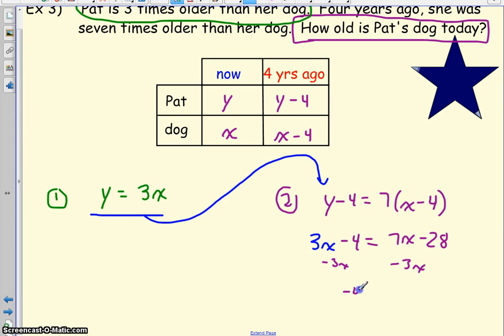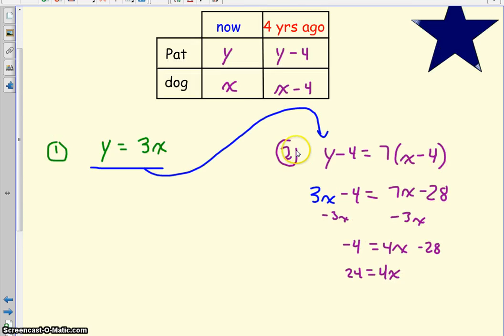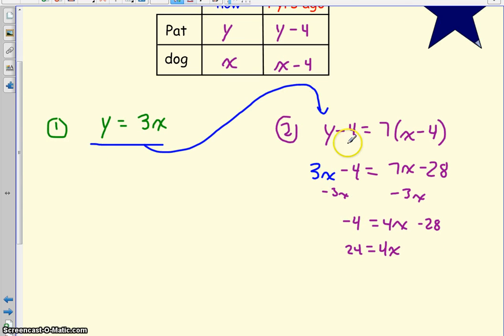So I get negative 4 equals 4x minus 28. If I add 28 to both sides, I get 4x equals 24. Okay, which tells me that when I solve, x is equal to 6.